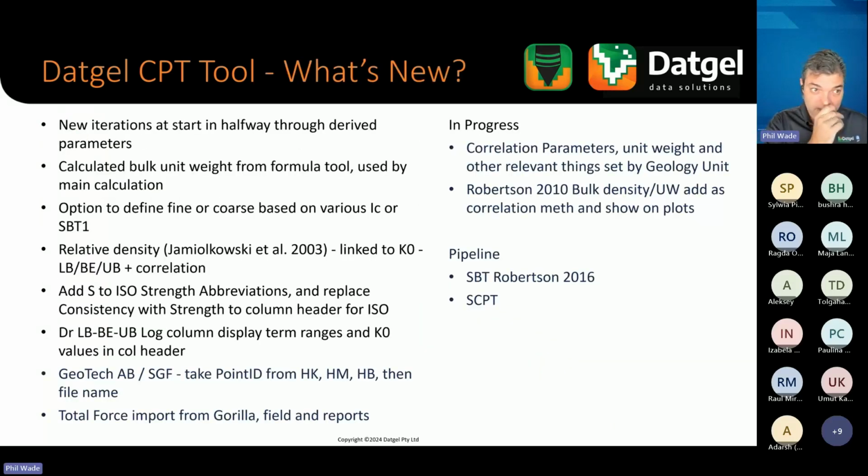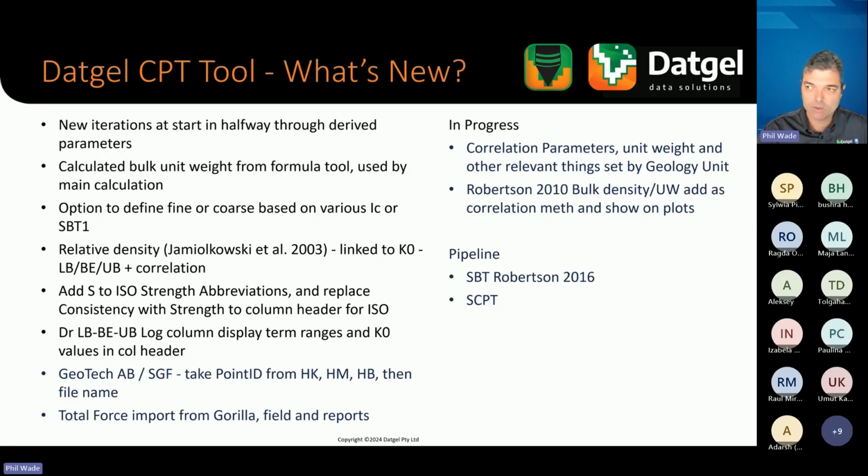Some of the things that are new, again, are something we're working on regularly, with a lot of people asking for features. One of the most important recent things we developed was an iteration right at the beginning, before anything, and then one halfway through, the derived parameters.